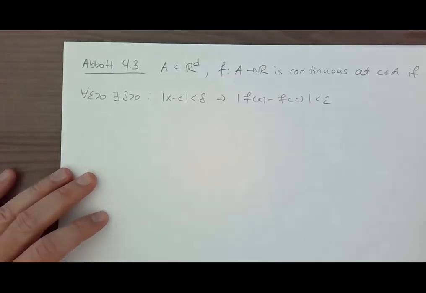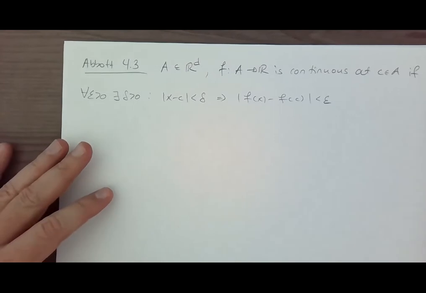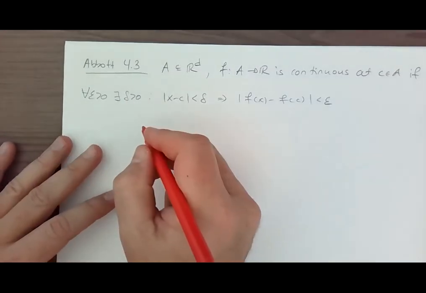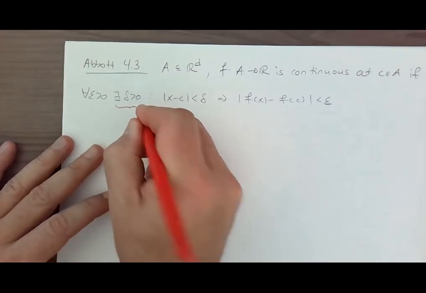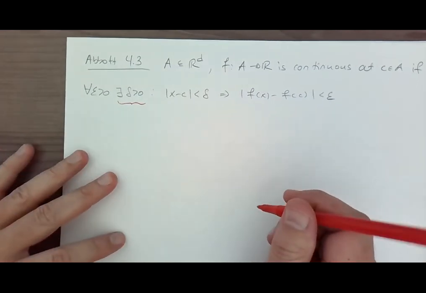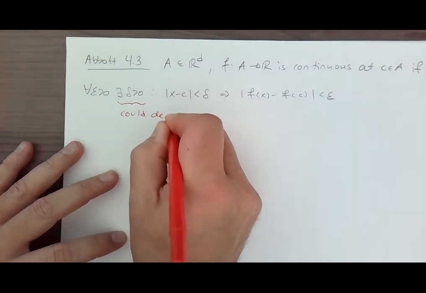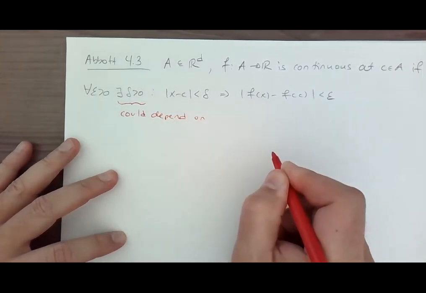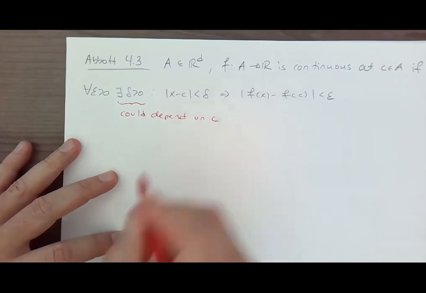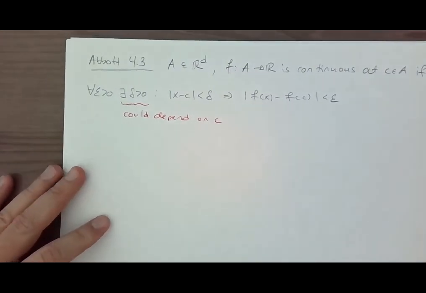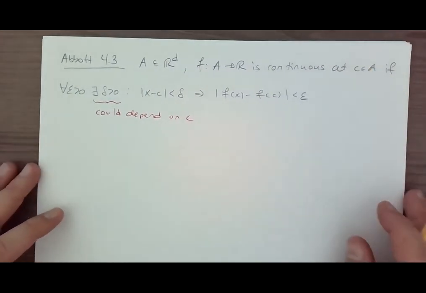And this is the definition. One thing to look out for here is this delta here. But that delta here, this could depend on the constant c. So that's what it means to be continuous at a point, right?